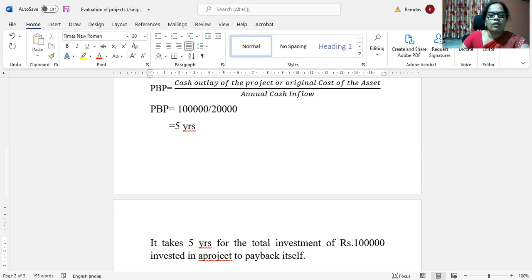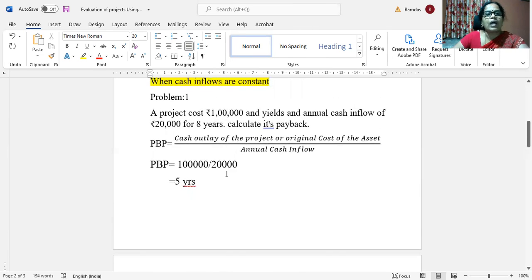It takes 5 years for 1 lakh to be recovered if our annual cash inflows are 20,000. Okay, so this is the first problem.